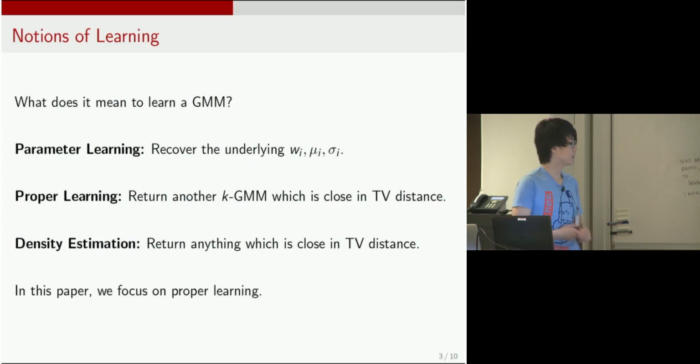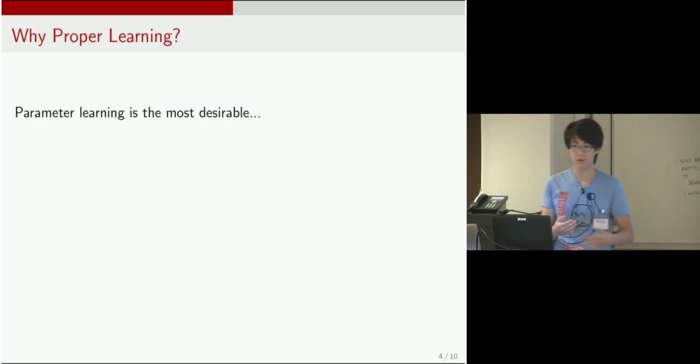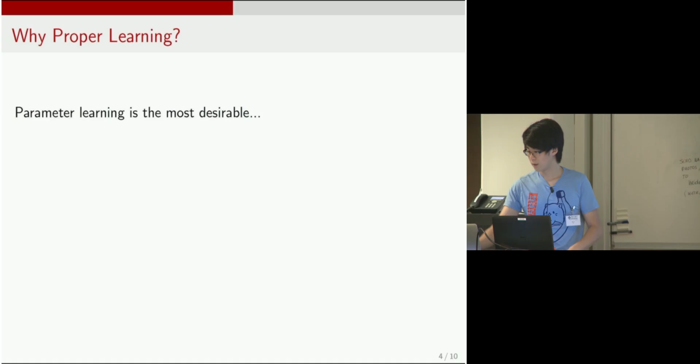So in this talk, we're going to focus on proper learning, and I want to take a brief aside to motivate why that might be a reasonable thing to do. As I mentioned before, parameter learning is arguably the most desirable. You actually recover the parameters of the original populations that you wanted to model. Unfortunately, for k-GMMs, it just takes too many samples, and this is well known.